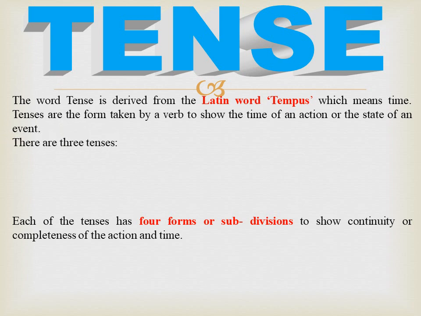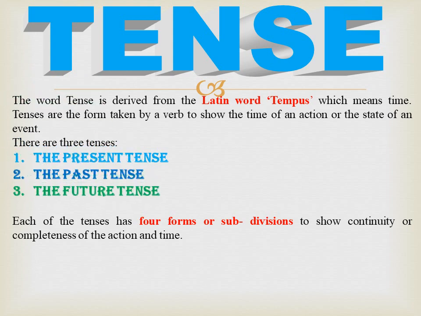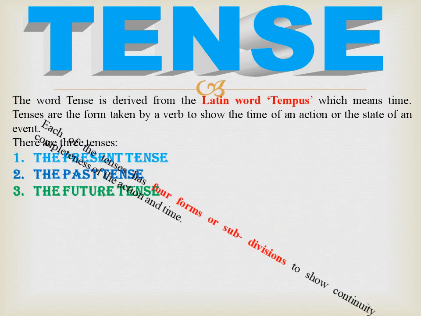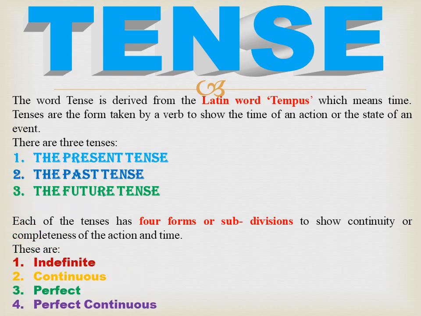There are three tenses in English language, which are the present tense, the past tense, the future tense. Each of the three tenses has four forms or subdivisions to show continuity or completeness of the action and time. These are indefinite, continuous, perfect, and perfect continuous.